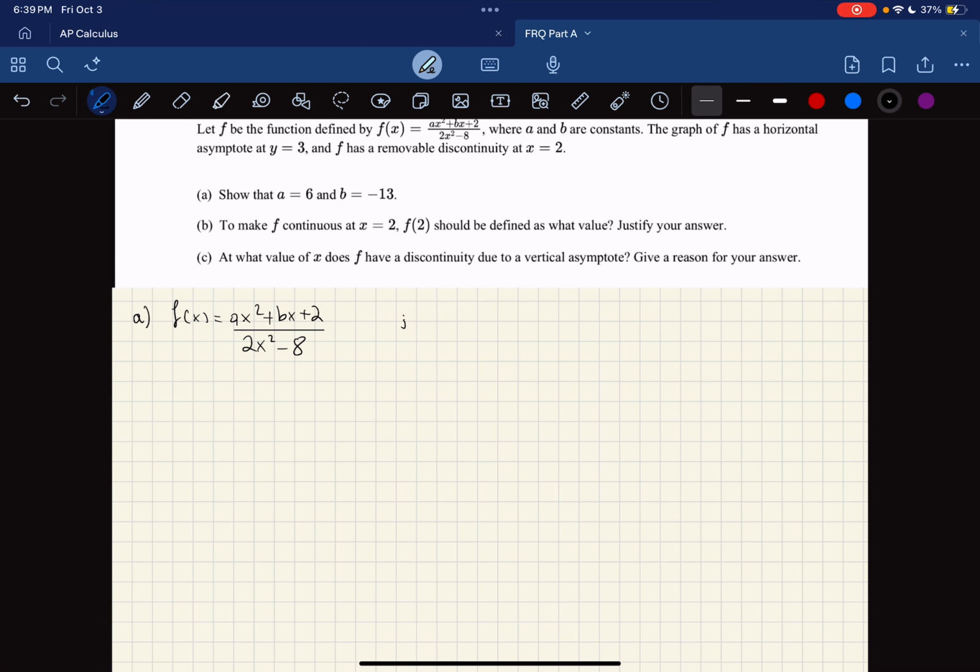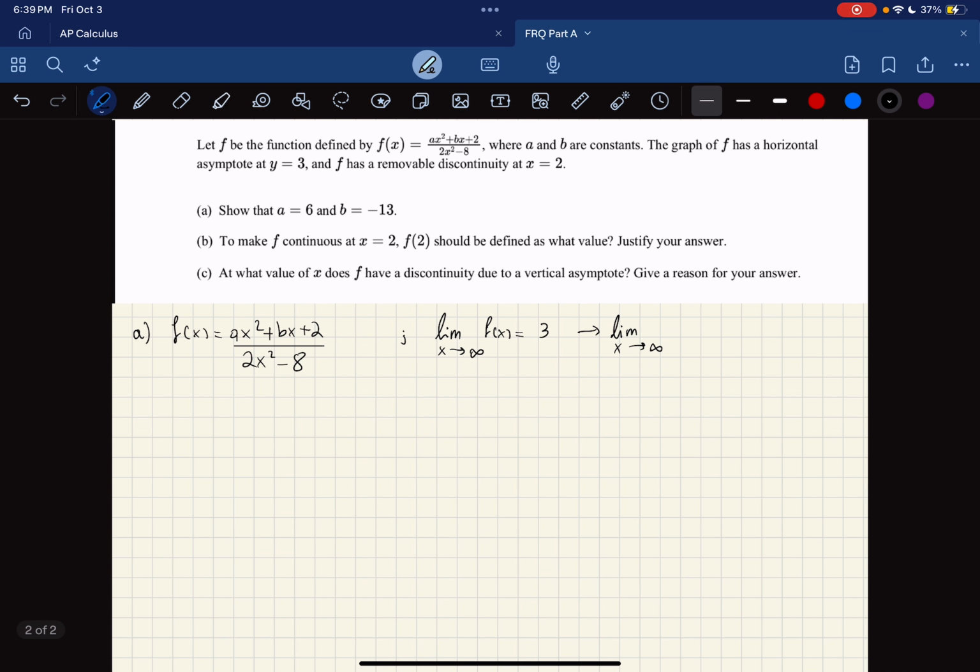Since y equals 3 is a horizontal asymptote, it means that the limit as x goes to infinity of f of x is equal to 3. Since x is going to infinity, I can put the highest power in the numerator over the highest power in the denominator, and I can neglect anything else.